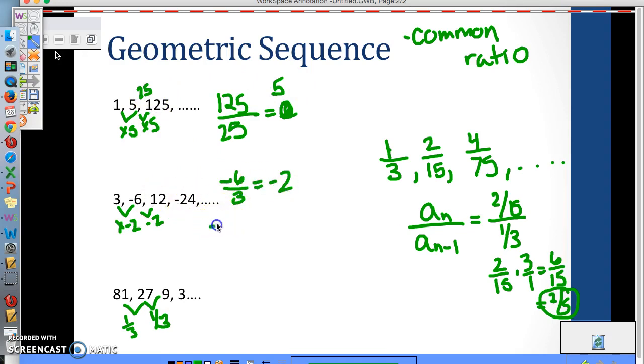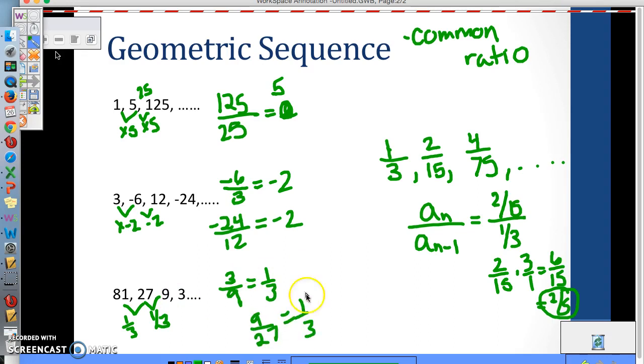But we can choose any term. If you chose -24 divided by the term before, we get that common ratio. So this one, 3 divided by 9, well, that's 1/3. We could take 9 divided by 27, and that's 1/3. So our common ratio, you take a term divided by the previous term, and you get your ratio.